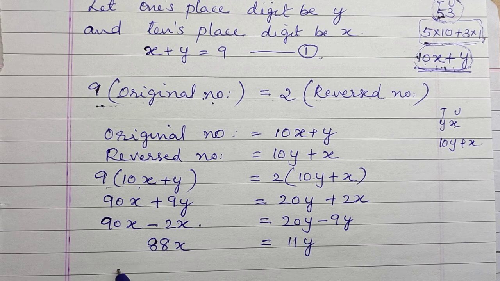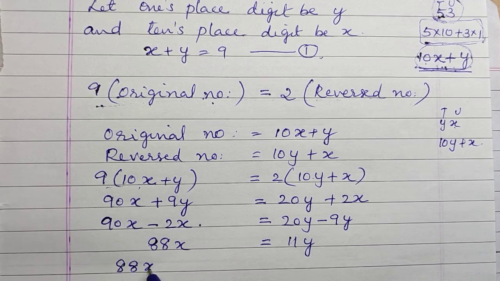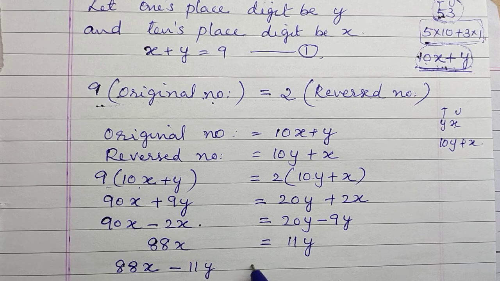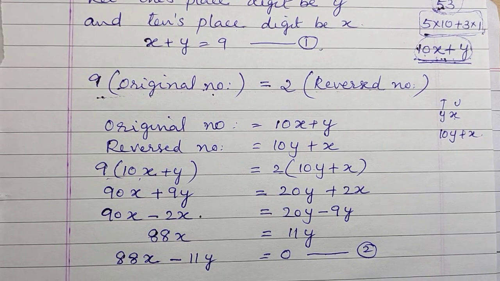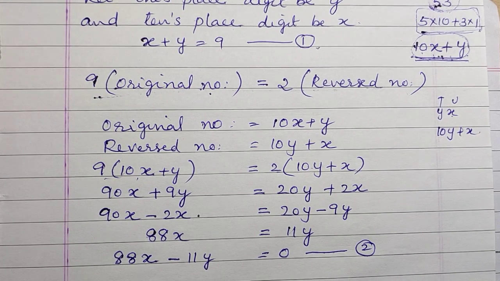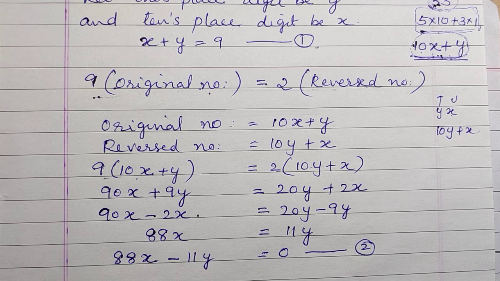Now bring it to one side and make it in equation form: 88x minus 11y equals 0. This is the second equation. So the first equation is x plus y equals 9 and the second equation is 88x minus 11y equals 0.